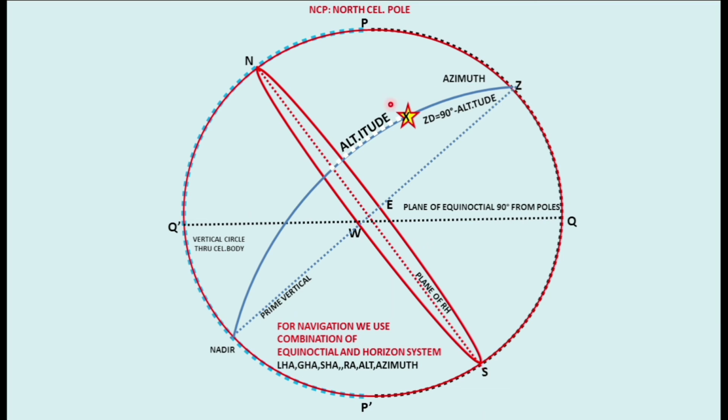From zenith, all points are 90 degrees from the rational horizon. So this being the altitude, the remaining part of the vertical circle would be 90 minus altitude, which I have written down as ZD. It is referred to as zenith distance.